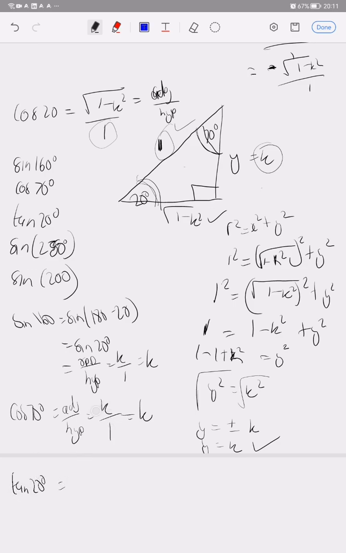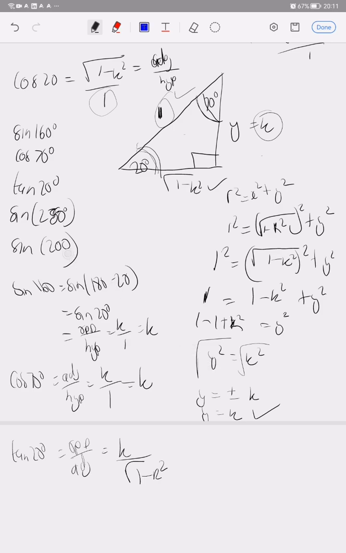I know I'm dealing with opposite over adjacent. What is my opposite? It's just k over the square root of 1 minus k squared.